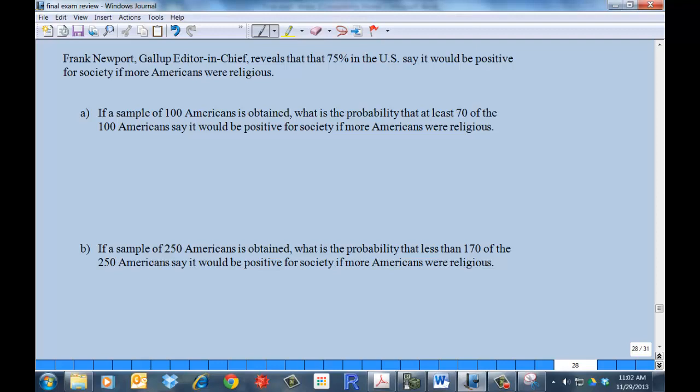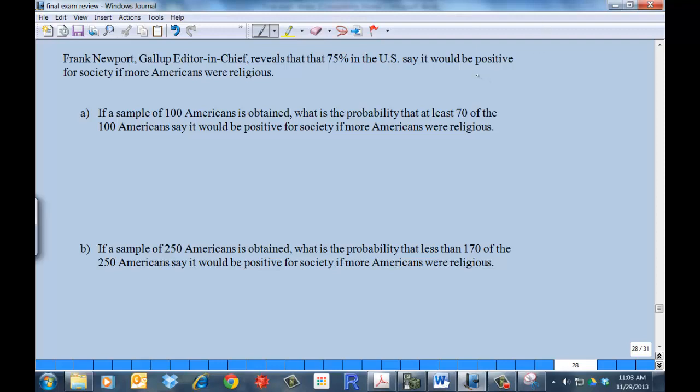Part A: if a sample of 100 Americans is obtained, what is the probability that at least 70 of the 100 Americans say it would be positive for society if more Americans were religious? So we're dealing with the distribution of sample proportions here.